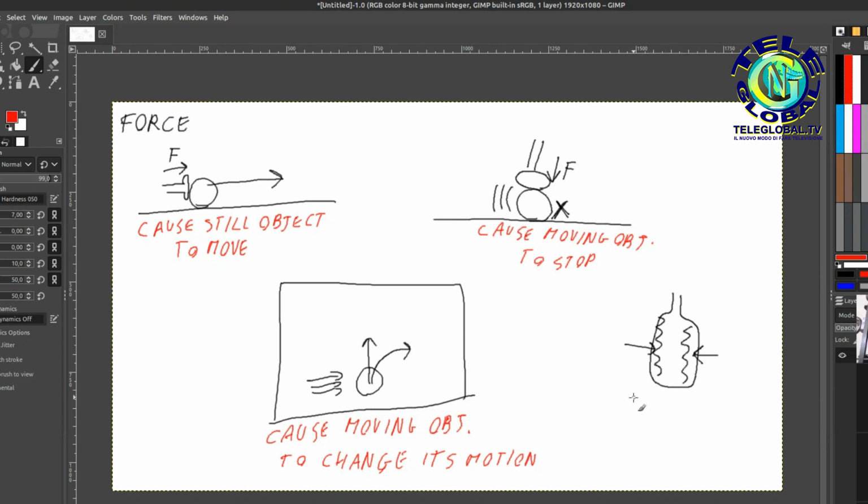So this is not related to stillness or motion, but it's still an effect of a force.